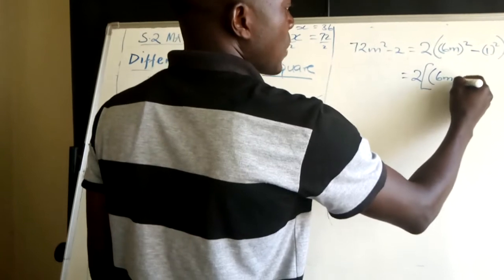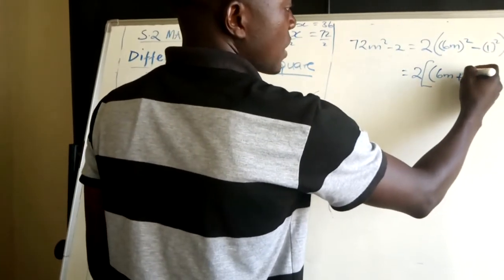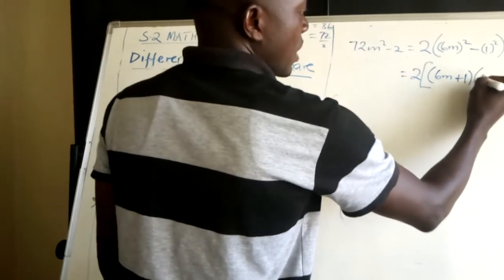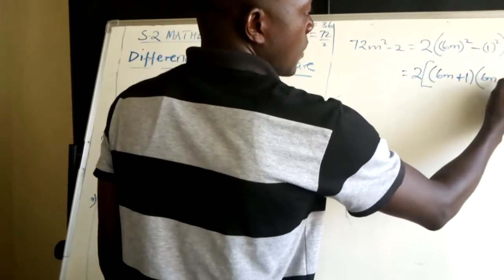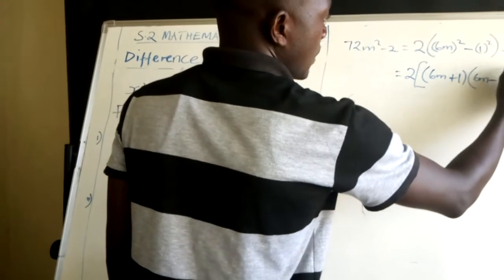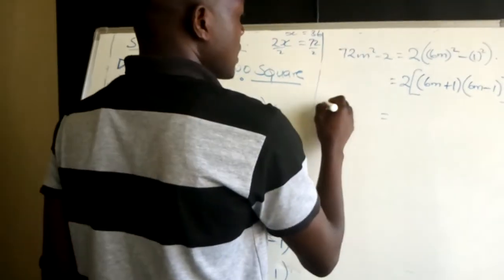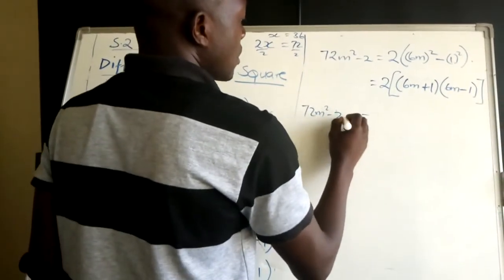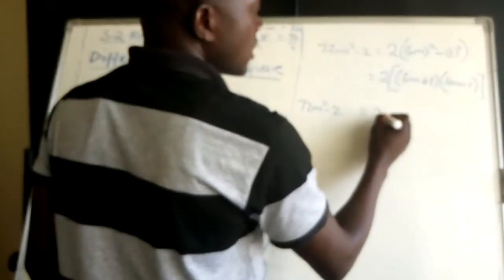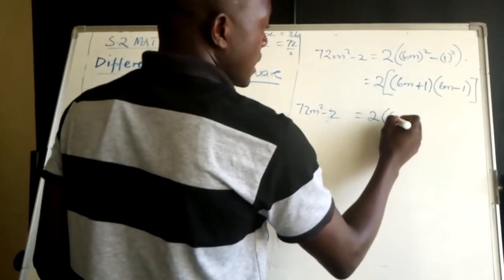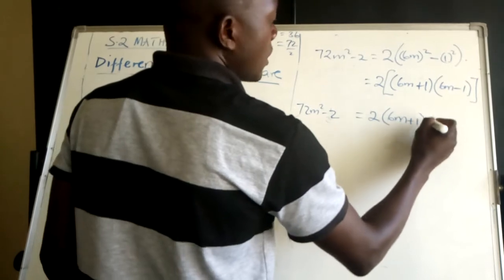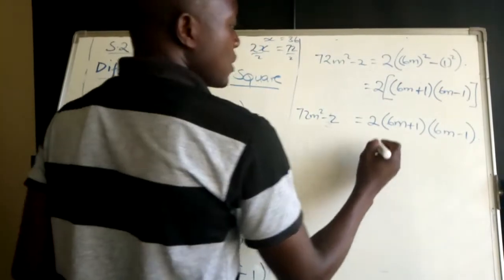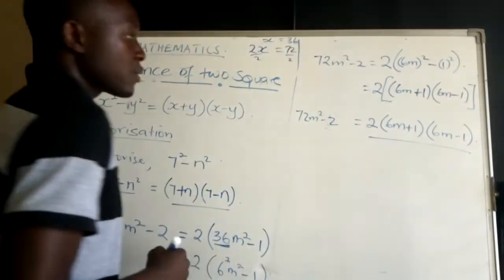Then plus the second number without the square, but the second number is 1. Then into the first number without the square, 6m, minus the second number without the square. So this 72 m squared minus 2 can be written as 2 into 6m plus 1 into 6m minus 1. That's how we use the identity to factorize.